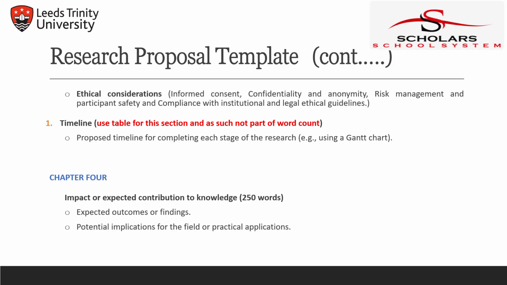Under this section, students can write about the expected outcomes or findings depending upon the analysis section. Further, students also need to write about the potential impact of their research on the field, as well as the practical applications of their research.